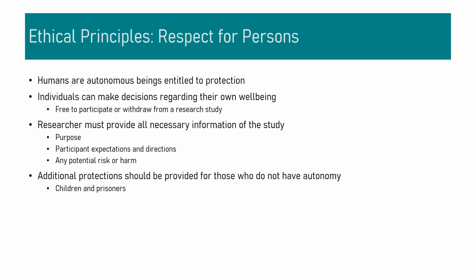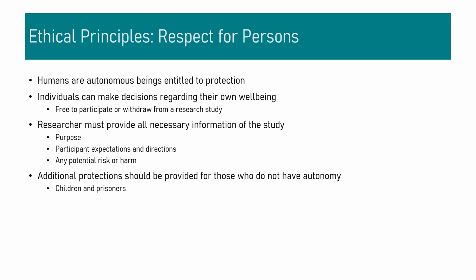Okay. So first off is respect for persons. Respect for persons states that human participants are autonomous beings who are free to choose to participate or to withdraw from a research study at any time. So for the participant to be able to make the choice to participate or to withdraw, the researchers must provide the participants with all of the necessary information of the study.